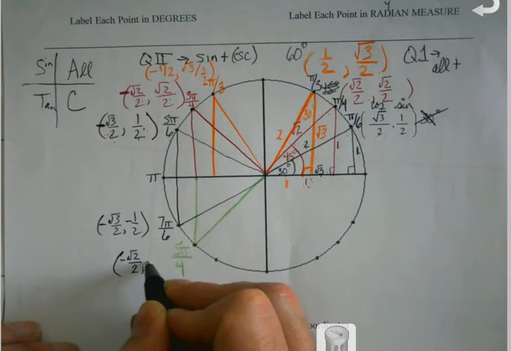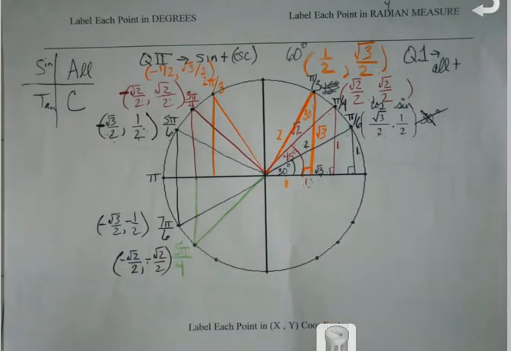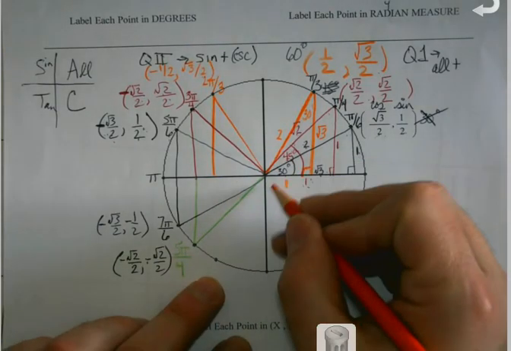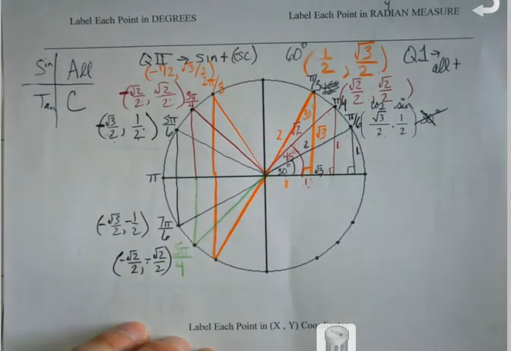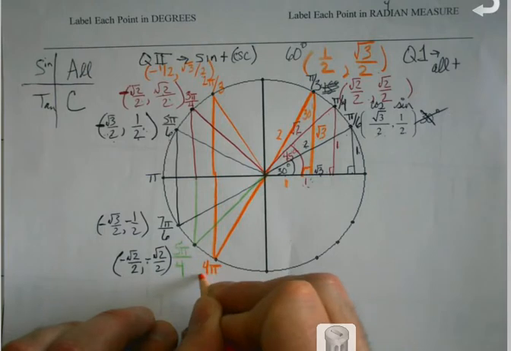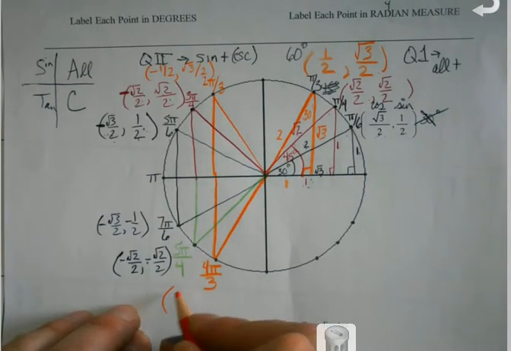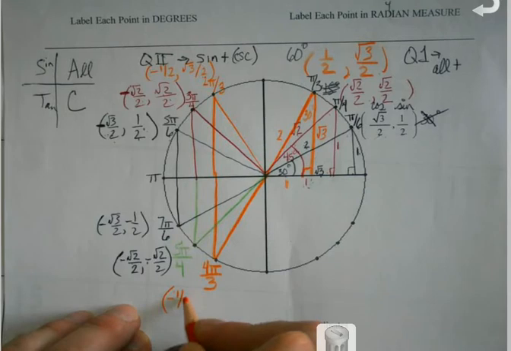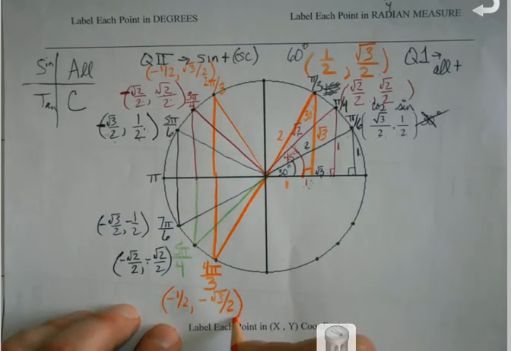Because in this quadrant, sine and cosine, again, are always negative in quadrant number 3. And then our last one, our 60-degree reference angle, which is going to be at 4 pi over 3, is also going to have both negative cosine and negative sine values.